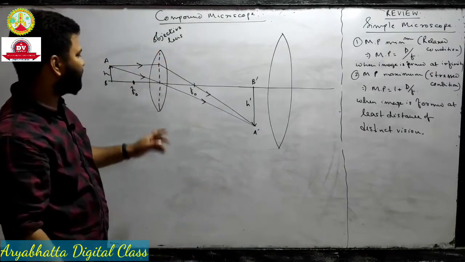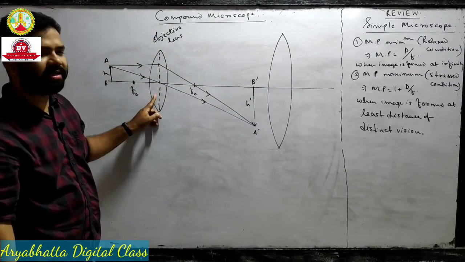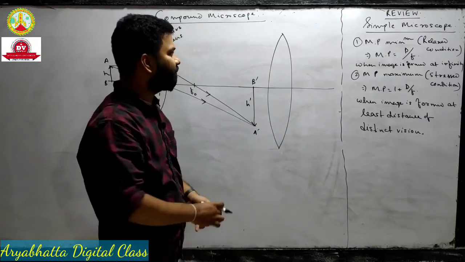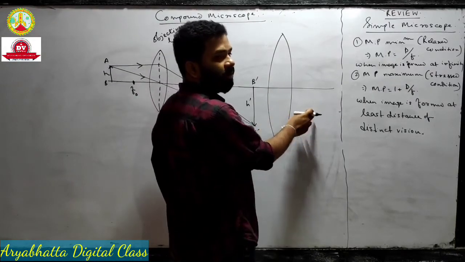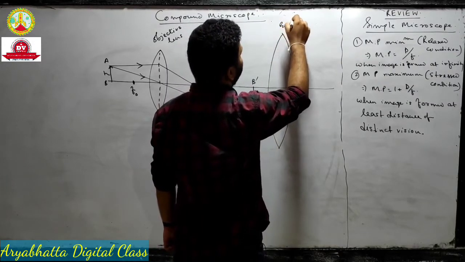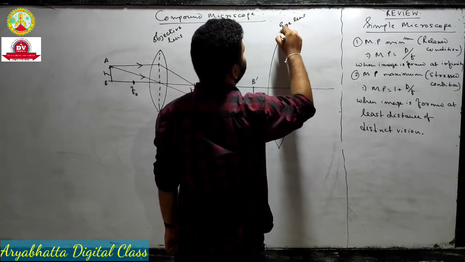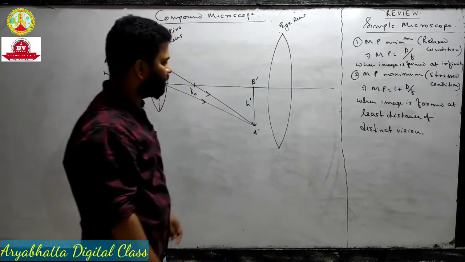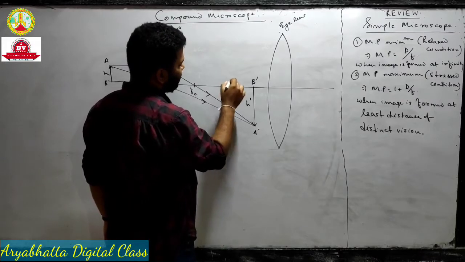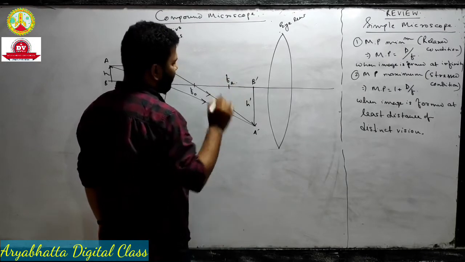Obviously from the diagram it is clear that this lens has a smaller focal length and this lens has a greater focal length. Okay, here we will keep our eyes. So this one will be called the eye lens. Okay, step by step. Now the focal length of this lens is suppose this one. This is the focal length of the eye lens.